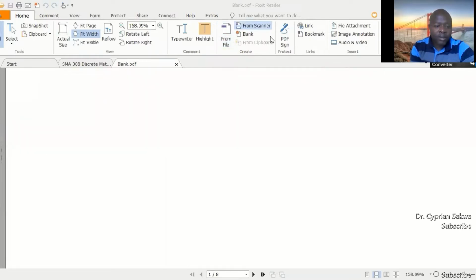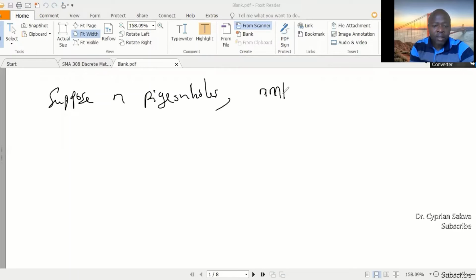Let's assume that we have n pigeonholes, and we want these n pigeonholes to be occupied by mn plus 1, that is, n times m plus 1, or more pigeons.